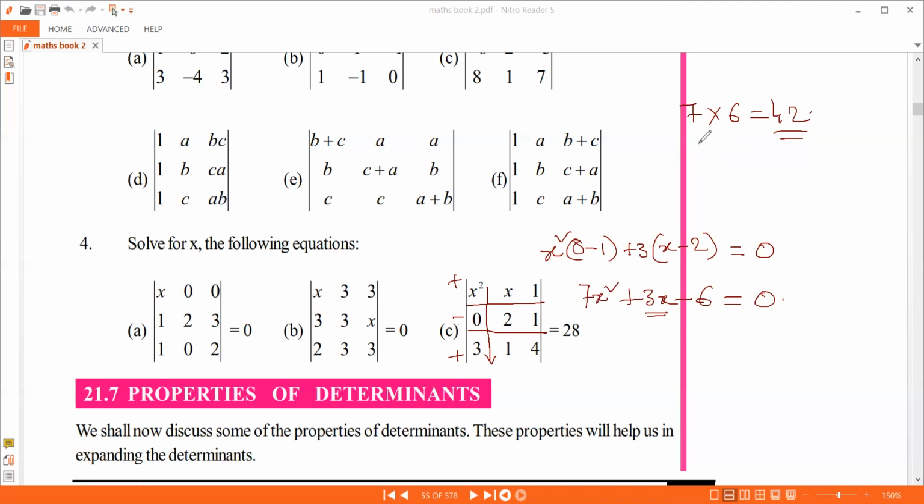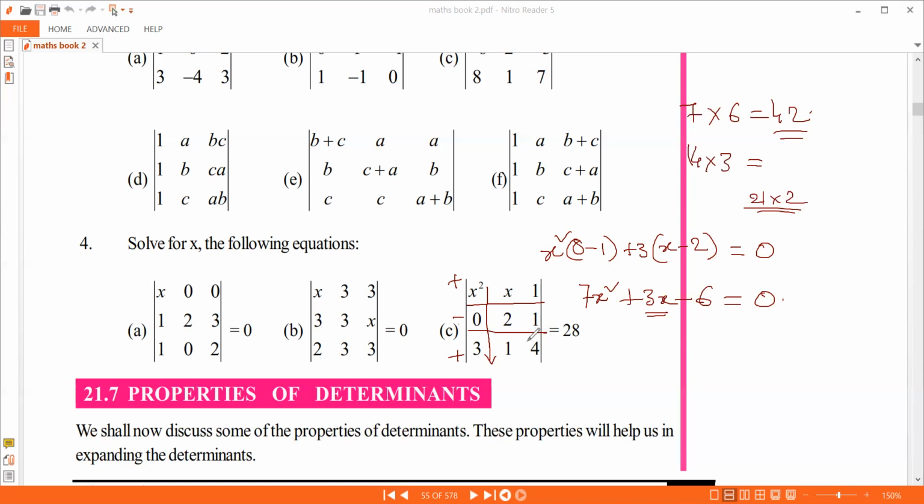It's not working. Negative 42 you have to get, and then 14 3 is 42. You have 14 into 3, or otherwise you have 21 into 2. None of these are going to give the right combination over here.